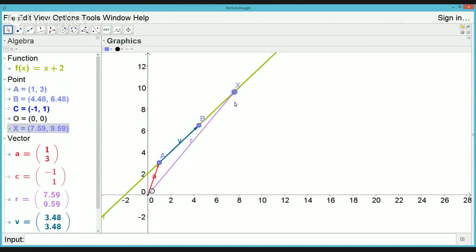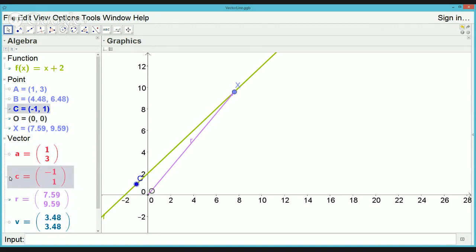Now, one thing that puzzles a lot of people is that the parametric vector form of a line is not unique. You can have an infinite number of ways of describing or parameterizing a line. Let me give you another example. Suppose I've got a point C, let's get rid of these, and let's put the point C in here.